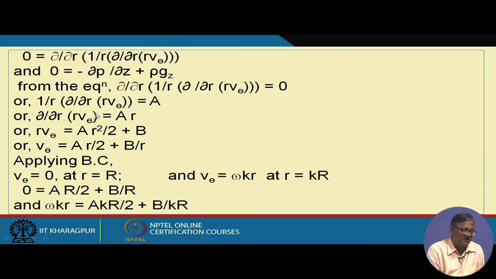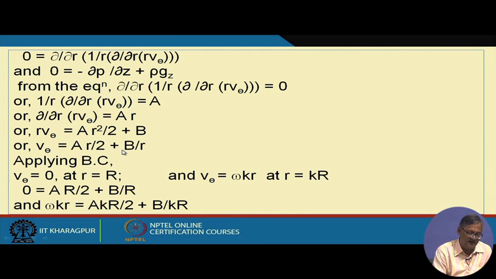On simplification, del r of r v theta is equal to a r. Integrating again, r v theta is equal to a r square by 2 plus b, which on simplification gives v theta is equal to a r by 2 plus b by r.